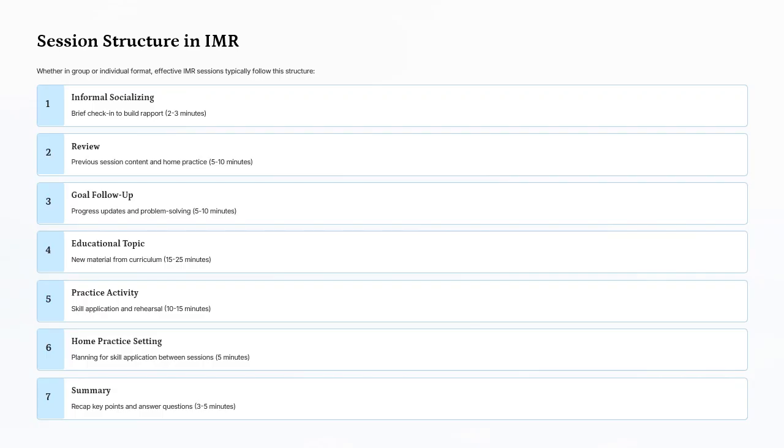The material is customized to the individual's needs, interests, and goals, and time is dedicated to practicing new skills. Agree on new homework. A new homework assignment is collaboratively created to help the individual practice the skills learned in session. Summarize progress. The session concludes with a summary of the material covered and progress made.